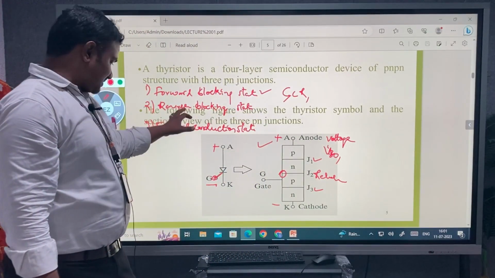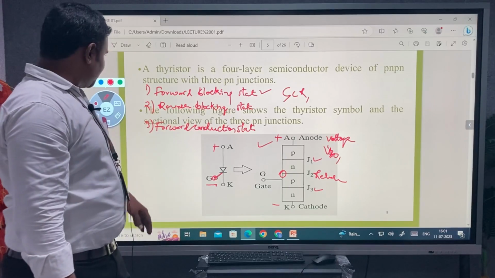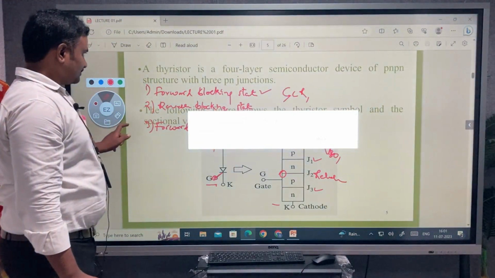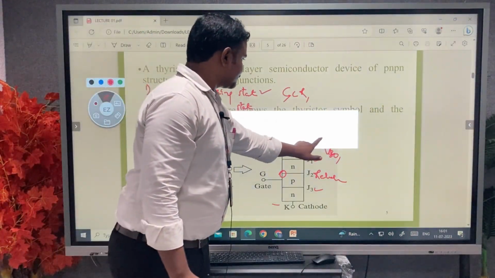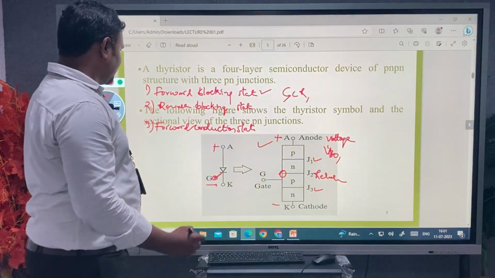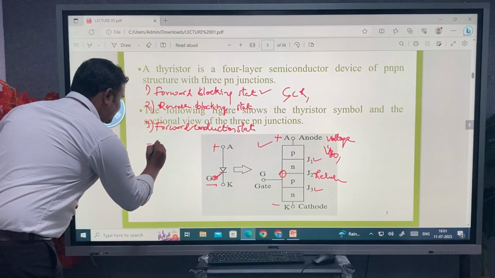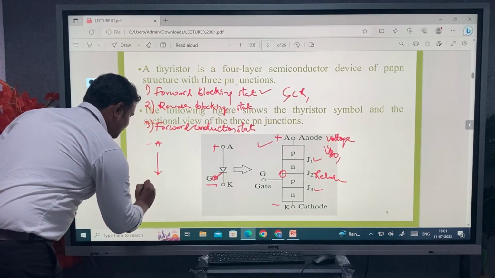The next one is the reverse blocking state. In the reverse blocking state, the anode is negative with respect to the cathode.